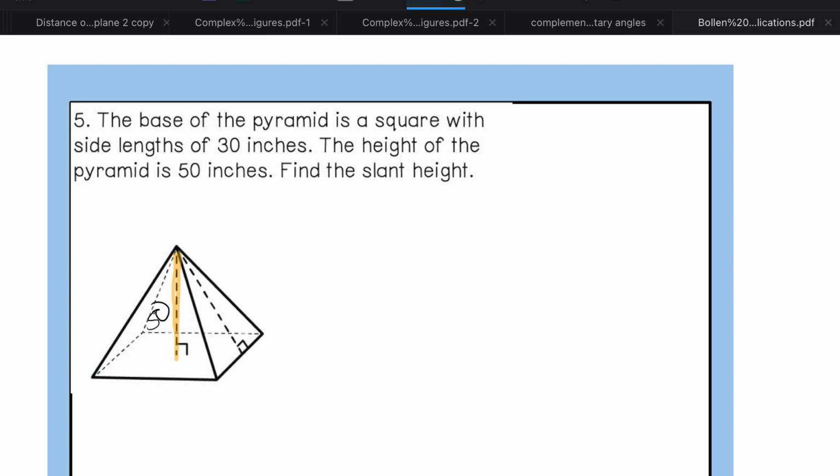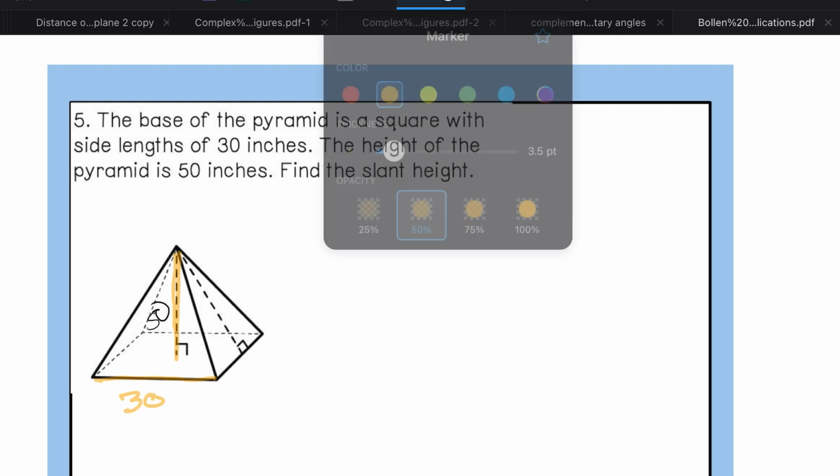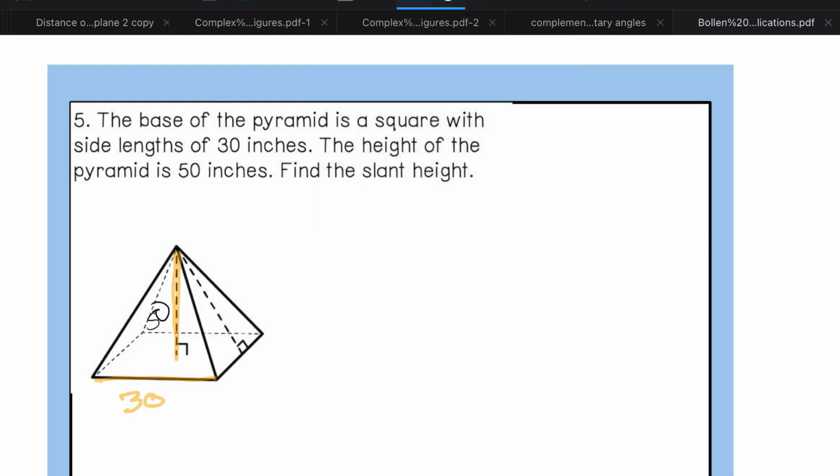And then you know all the way across is 30. But you don't need all the way across. You just need halfway from here to here. So that would be 15. Because it is square, you can just do the half.